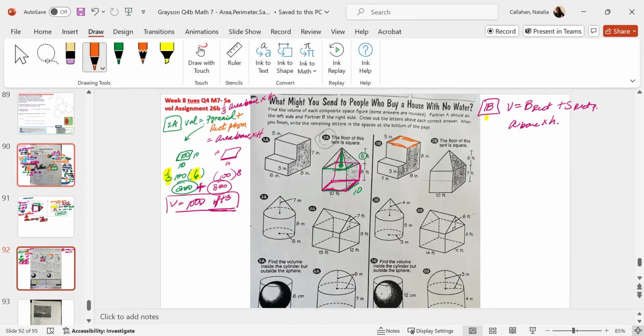So, on this top part, what are the two dimensions that I need? 7 and 5. Good, that gives you 35. What's the height of this? 8.